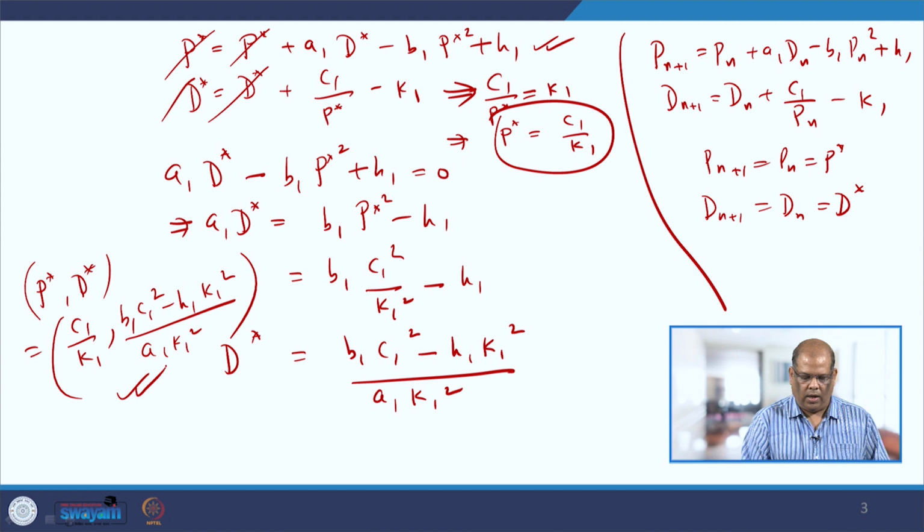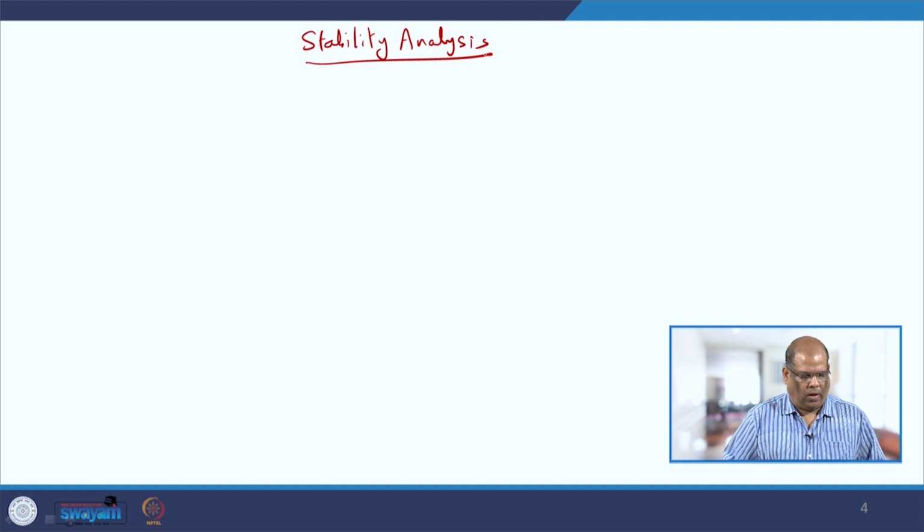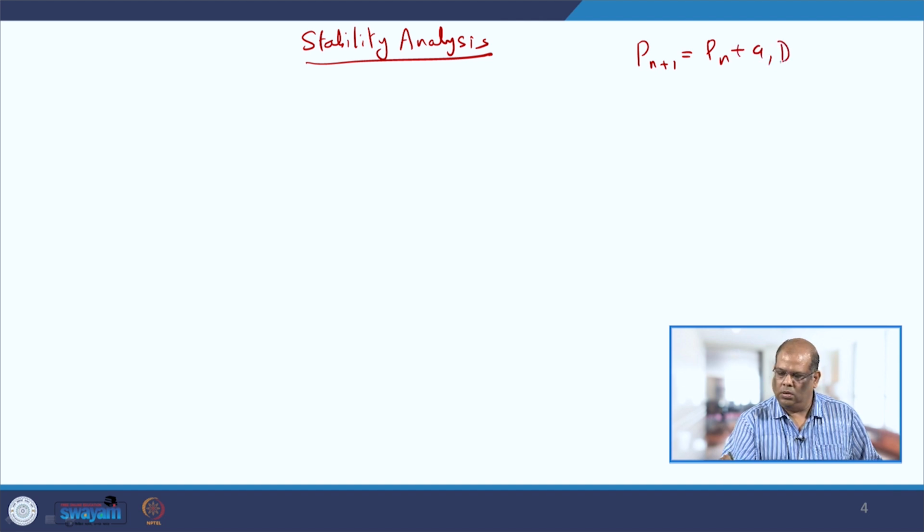Once you get the equilibrium point, you now have to do stability analysis. Let me write the equations.